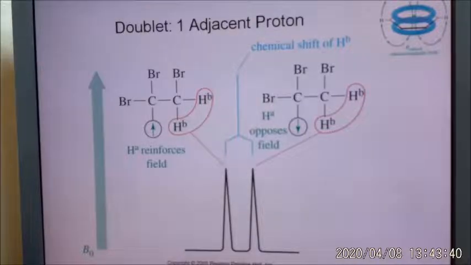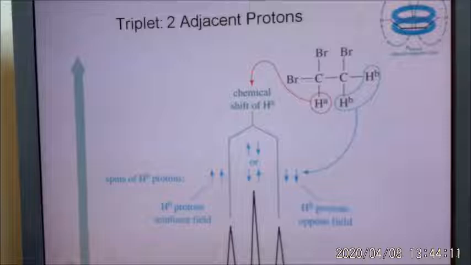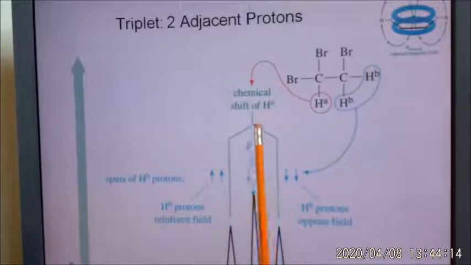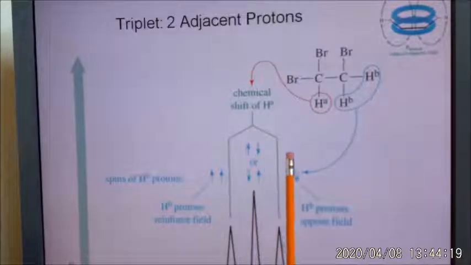Okay? So what happened? These guys see the magnetic spin on HA, and it can either reinforce the field or oppose the field. It opposes, takes your peak, shifts it downfield; reinforces, shifts it upfield. So the actual chemical shift of B is right here, but it gets split because of the influence of A. Let's take a look at A. Here's the chemical shift of A. If both oppose the field, then it goes downfield.